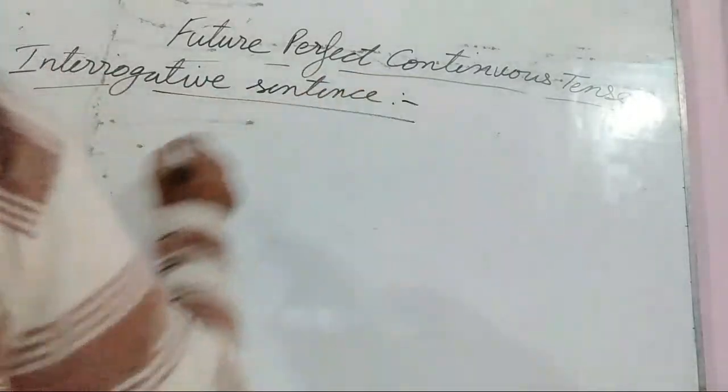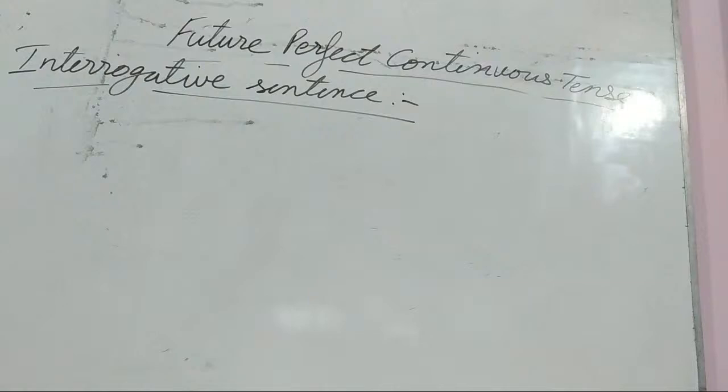Now we are going to see how to make an interrogative sentence in future perfect continuous tense. This is the formula for it.